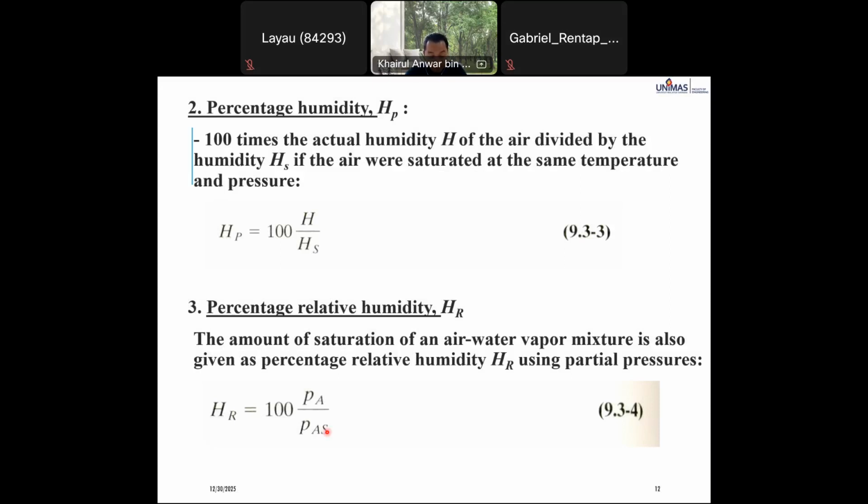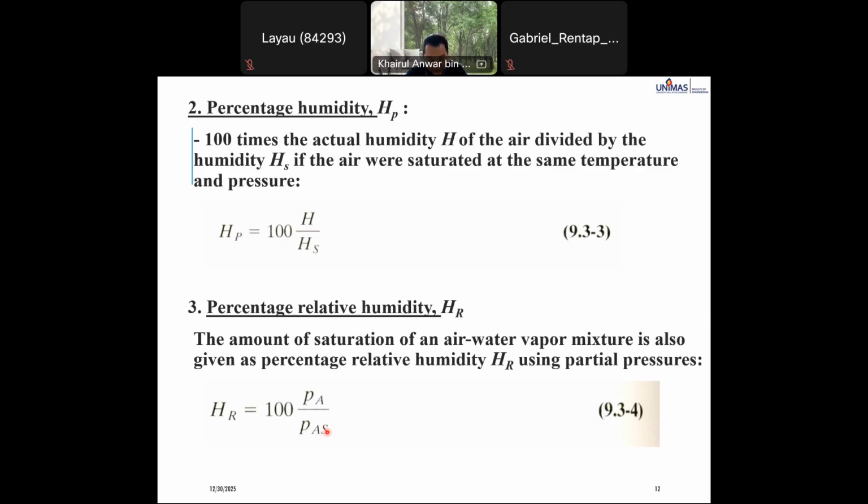Next is the percentage humidity, HP, which is 100 times the actual humidity H divided by the humidity HS if the air were saturated at the same temperature and pressure, so HP equals 100 H over HS. Percentage relative humidity, HR, the degree of saturation of an air-water vapor mixture, is also given as a percentage using partial pressure.